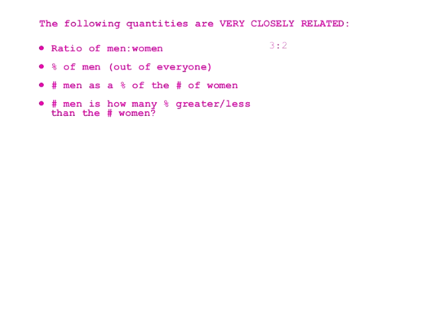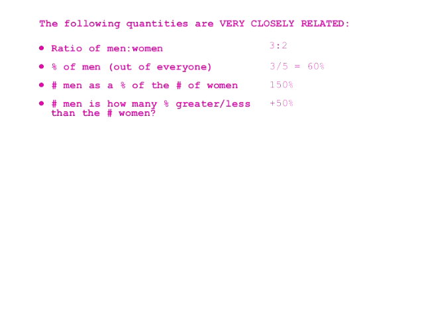So the percentage of men out of everyone would be 3/5, which is 60%. The number of men as a percentage of the number of women is 150%. And the answer to the last question would be plus 50%. I think the point is, if any of these things changes, then all of them will change, in exactly the same direction.